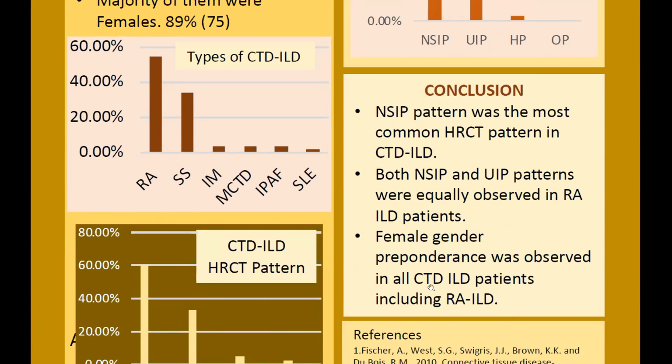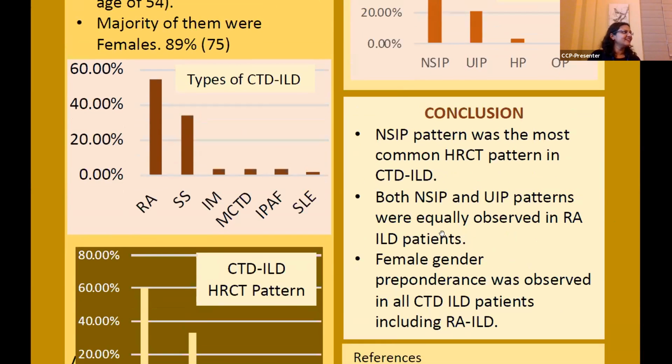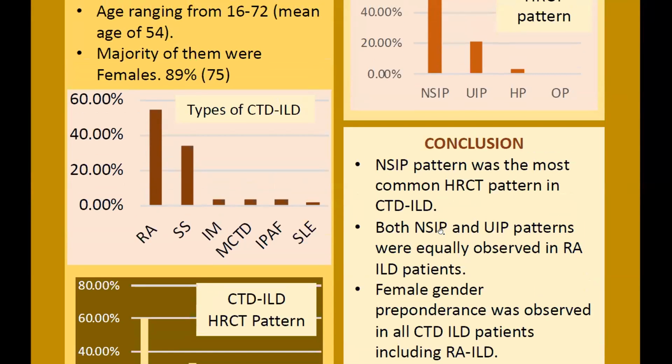But in global studies, ILD is mainly described in male patients, whereas it is also observed in female patients in our study. Recently there was a study conducted in Canada, and we also have found some similar data, where rheumatoid arthritis ILD patients have a preponderance to have an NSIP pattern rather than a UIP pattern.